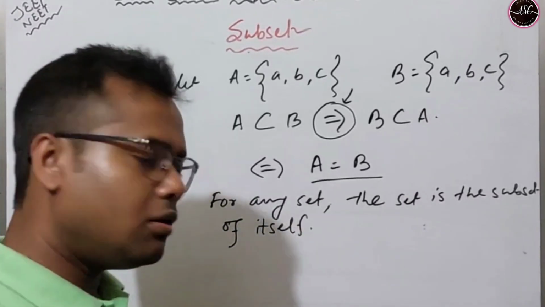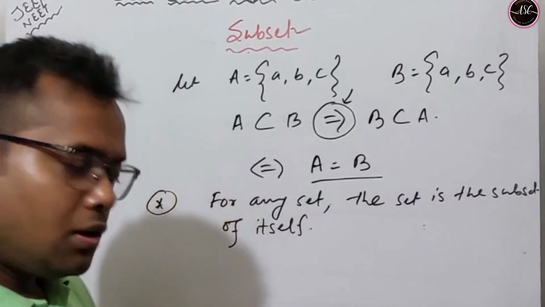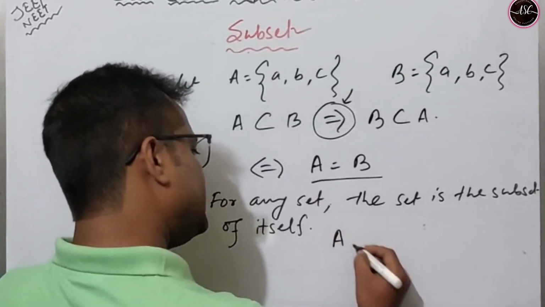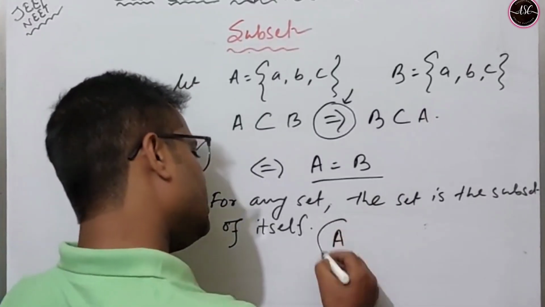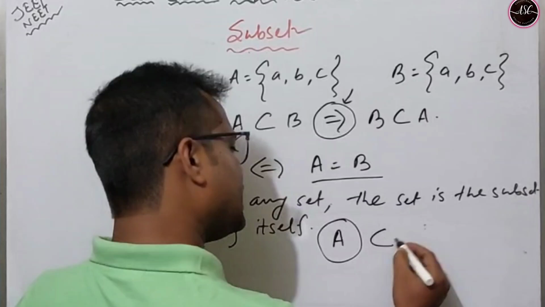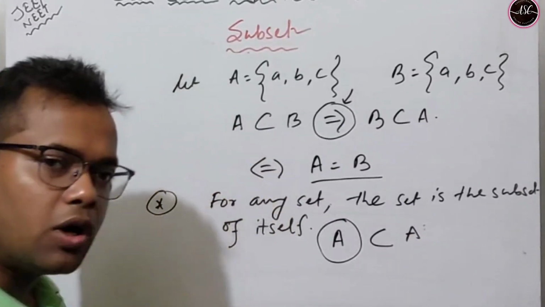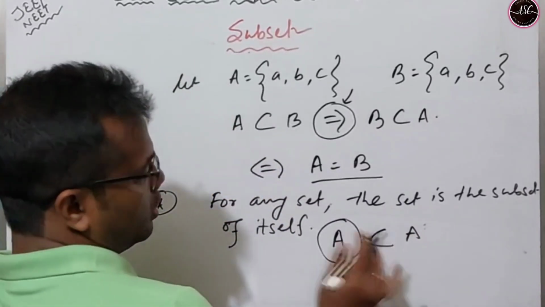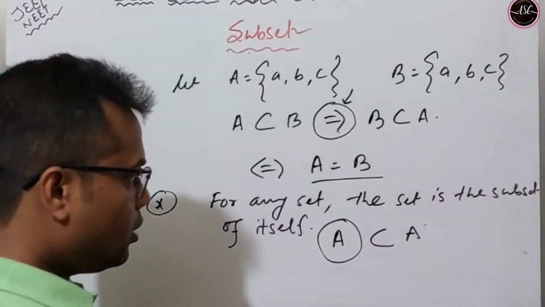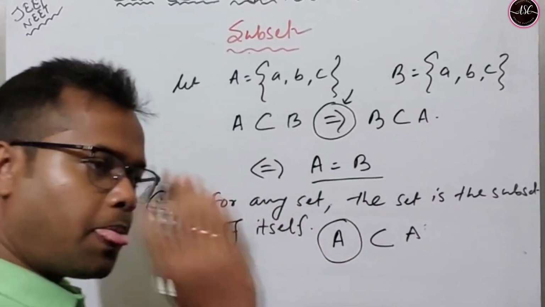What is the meaning of this sentence? Let A be a set, then we can write A subset of A. This is most important. It should be remembered.